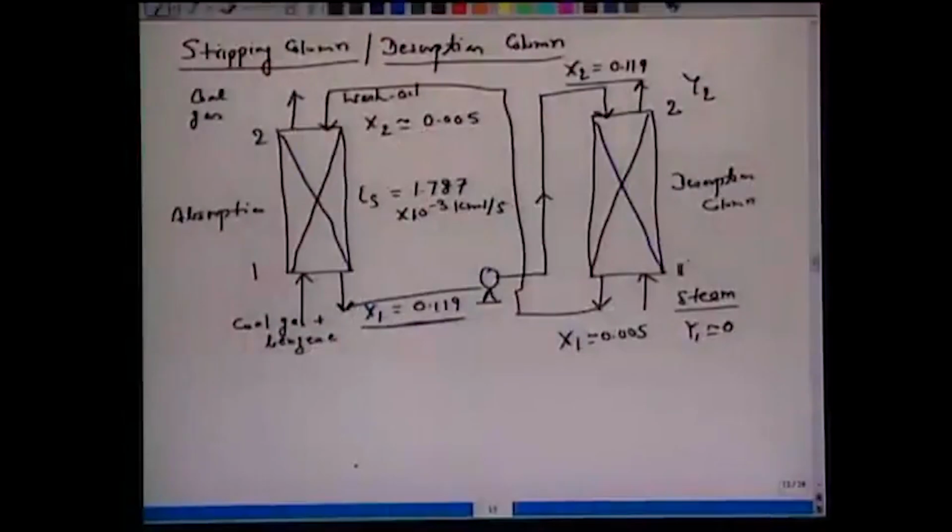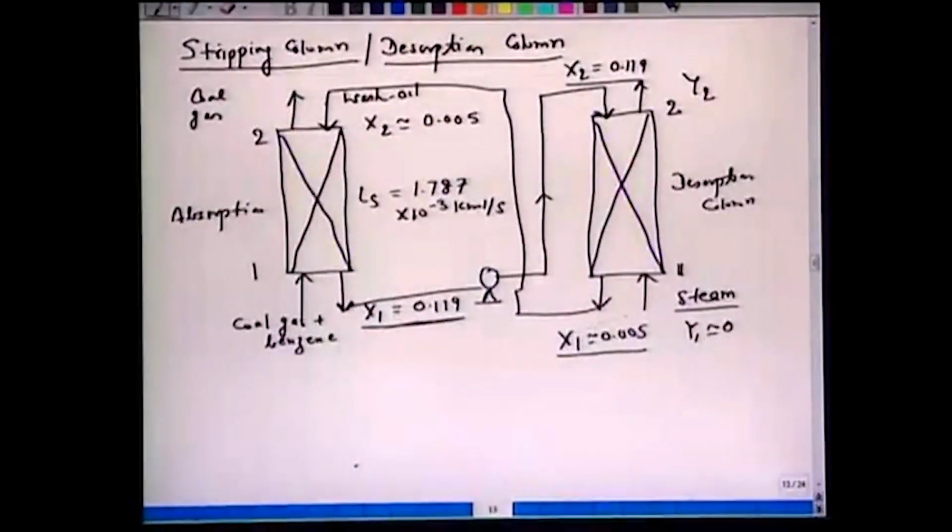This is 1, this is 2. X1 is 0.005. Note that this composition is the same as this composition. And here we have X2 of 0.119, which is the same as x1 equal to 0.119. It's a pure stream, Y1 equal to 0.01 here. Sorry, here it should be small x1.